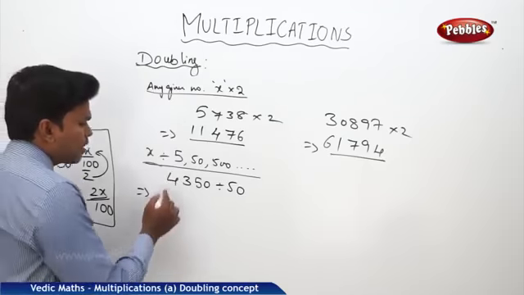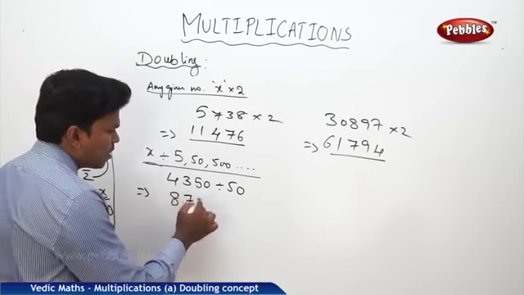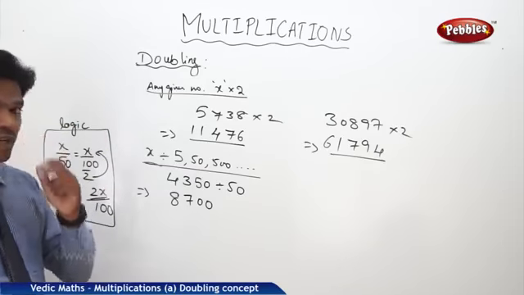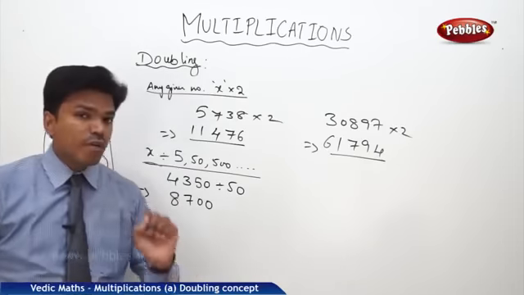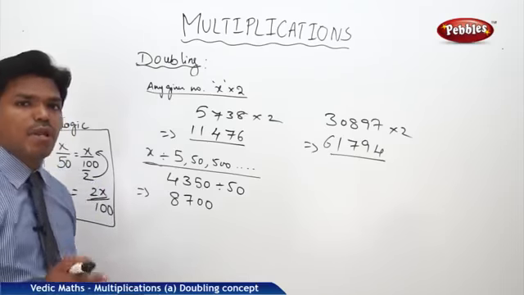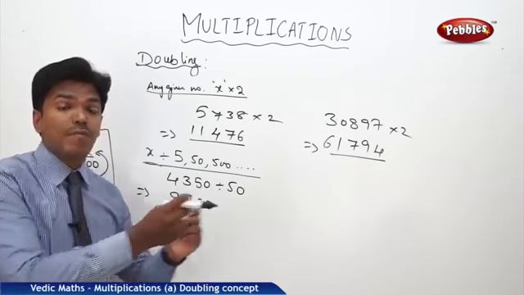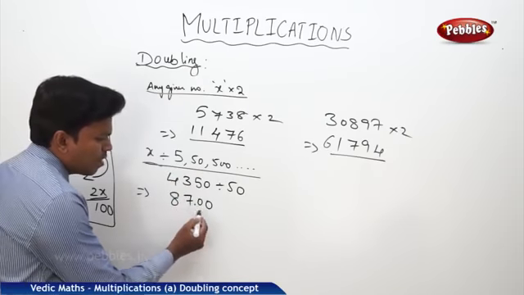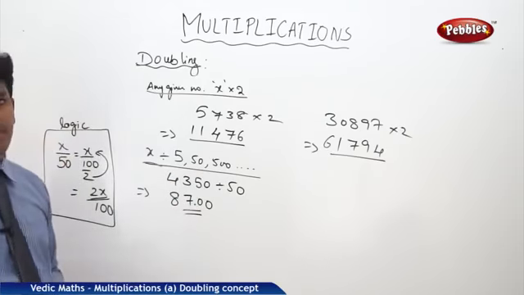What is the double of this one? 8700. Yes or no? Now after doubling the number, simply put a decimal point after 2 digits from right. After 2 digits from right, put a decimal point here. So this will be your answer.